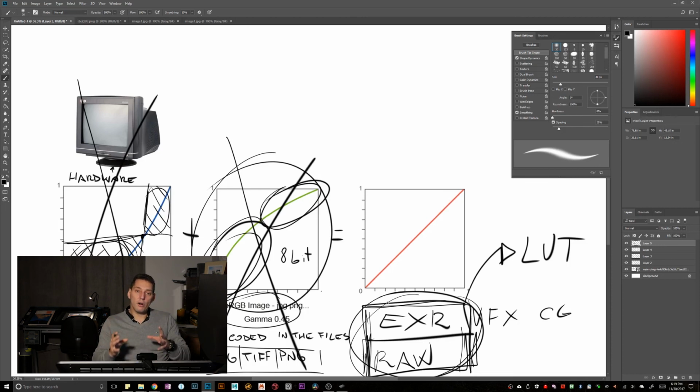But what is important is our files still retain all the information, and you can always come back and adjust things and operate on those files without losing information.